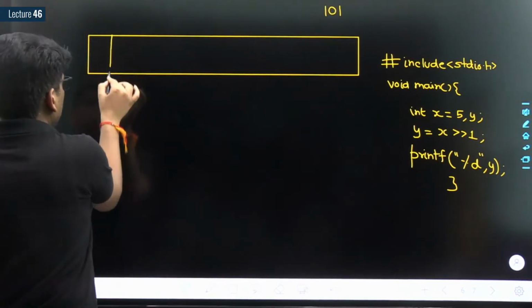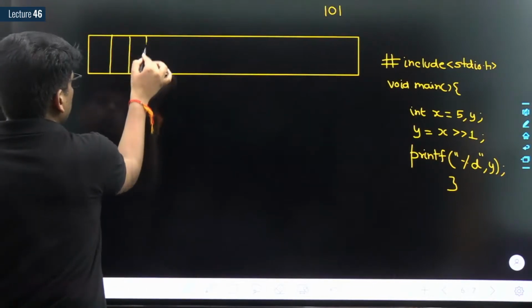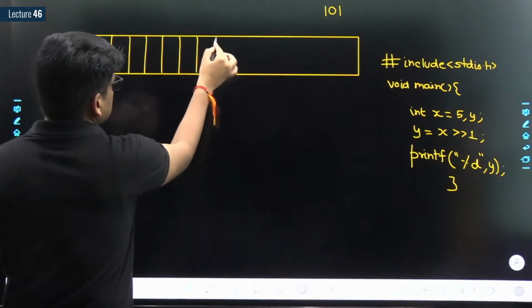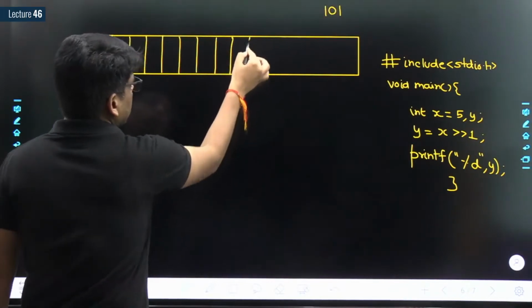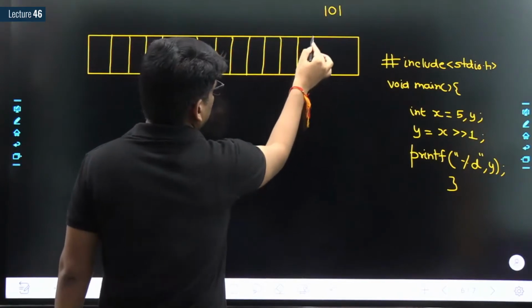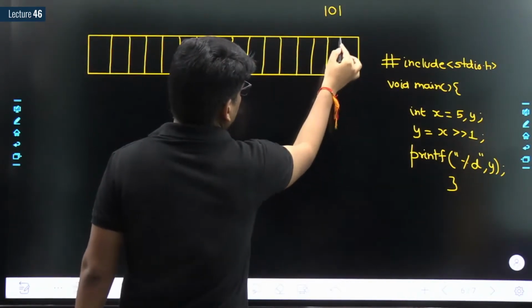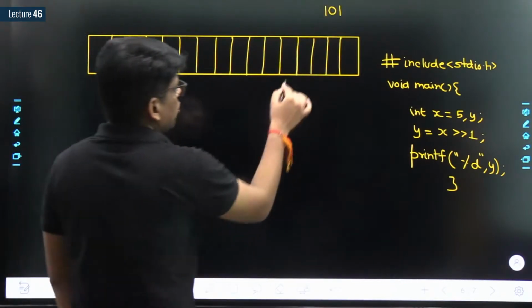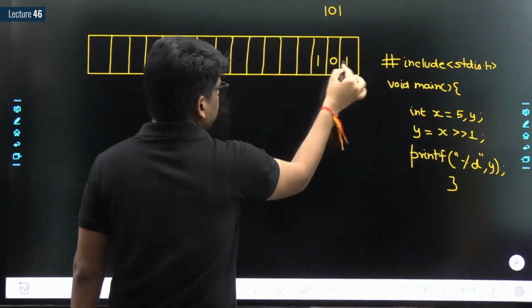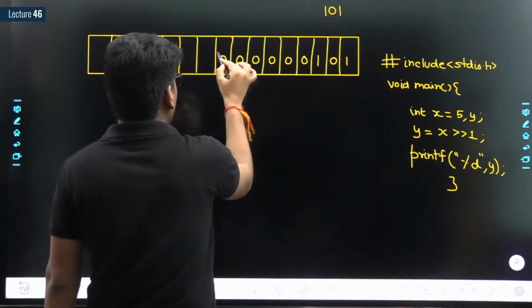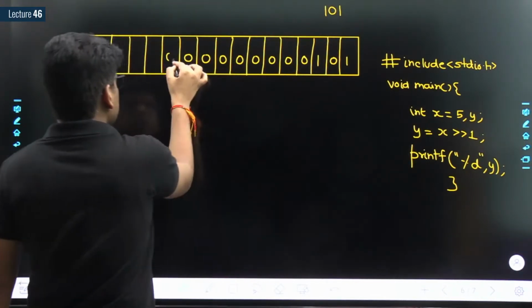That means 1, 2, 3, 4, 5, 6, 7, 8, 9, 10, 11, 12, 13, 14, 15. Okay, so 101 is 3 bits. All the remaining bits will be 0.